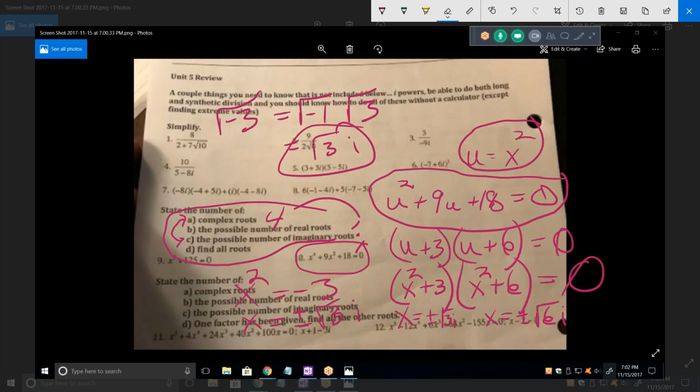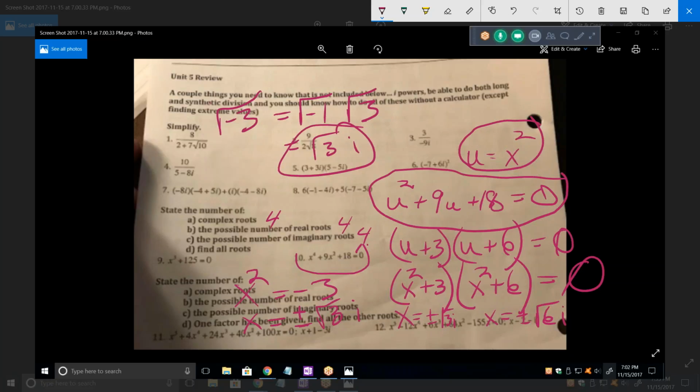That's the only thing that makes sense, because there would be no other reason for wording it the way she did. So in number 10, the complex roots are 4. Possible number of real roots would be 4. The possible number of imaginary roots would be 4. Find all roots, we did.